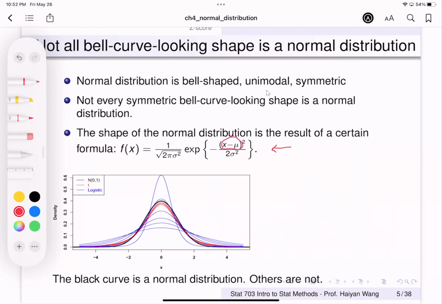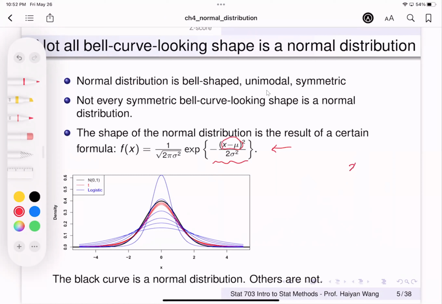Here x is a possible value of the variable, and mu is the mean, the center. And the denominator is twice sigma squared. Sigma squared is the variance. And here we have a negative sign. So this is talking about (x minus mu) squared over 2 sigma squared.